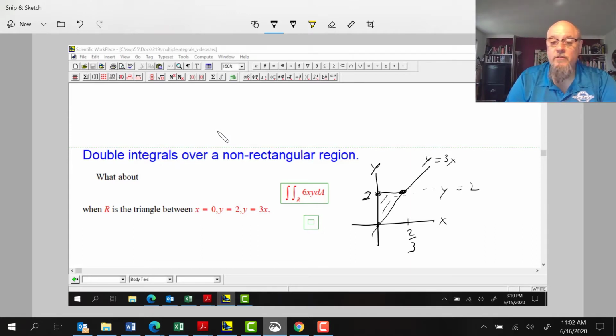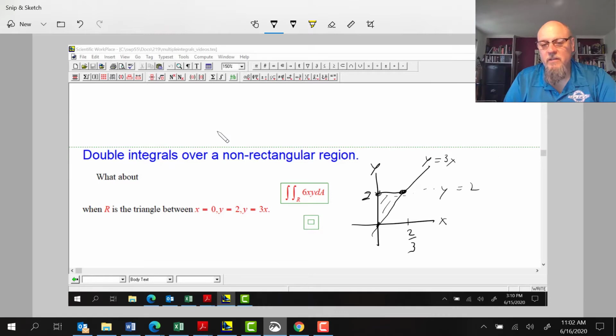And now we've got choices to make. When we were doing rectangles, the only thing that was really guiding us on whether we should go dx dy or dy dx for dA was, is it hard to integrate one or the other? And usually, no, they were straightforward to integrate. Here, I'm integrating 6xy.